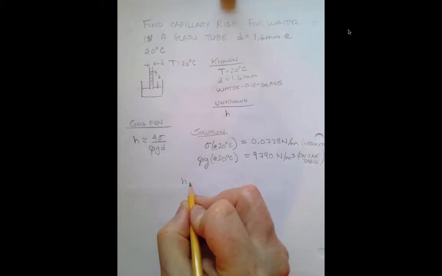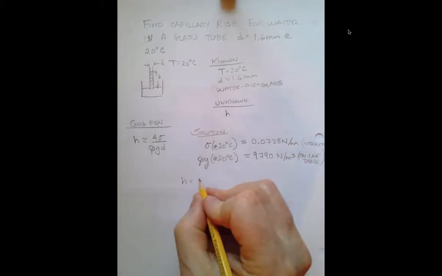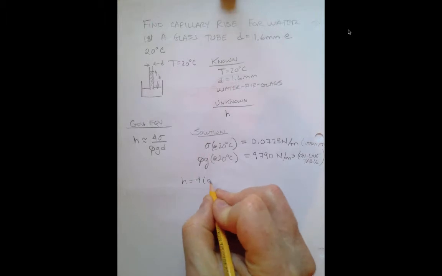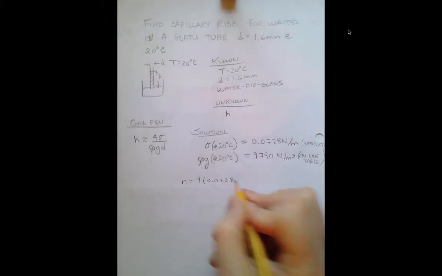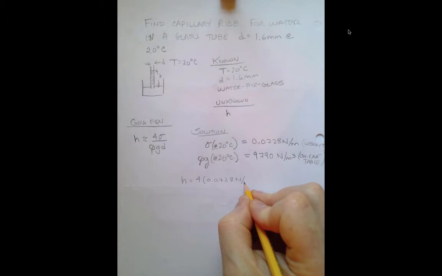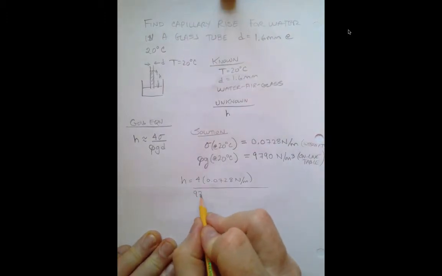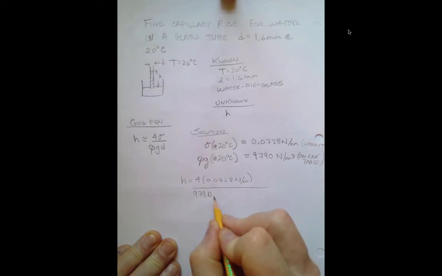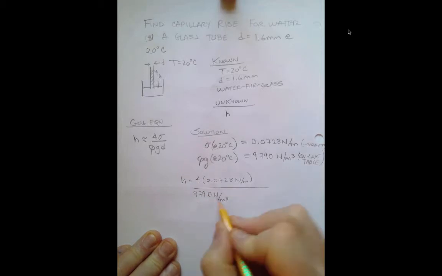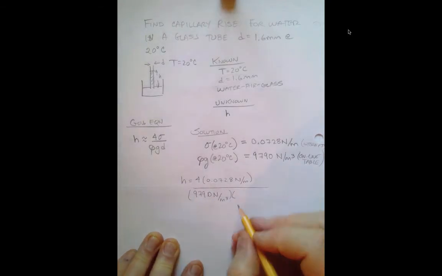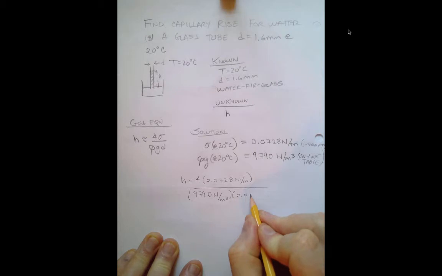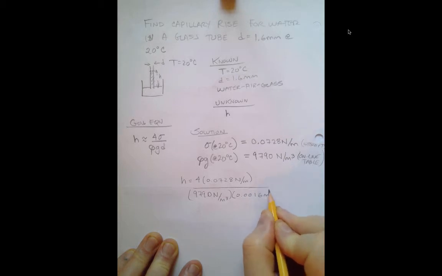We have h equals 4 times 0.0728 newtons per meter, divided by 9790 newtons per meter cubed, multiplied by our diameter, which is 1.6 millimeters, which is 0.0016 meters.